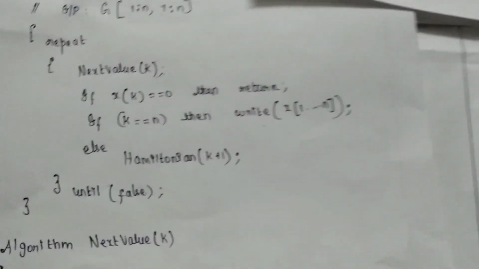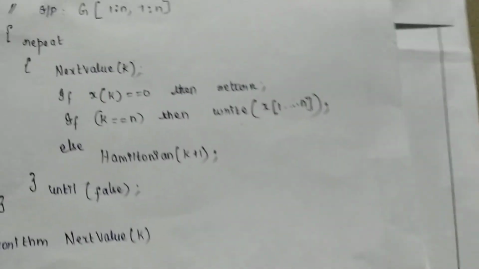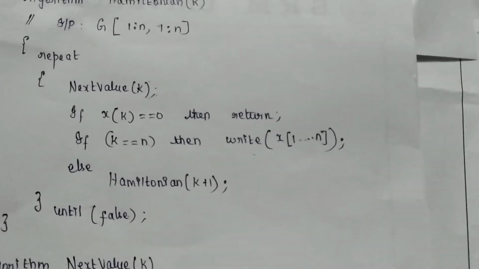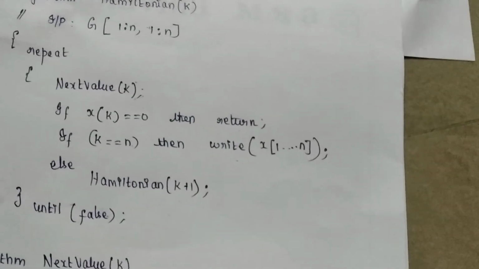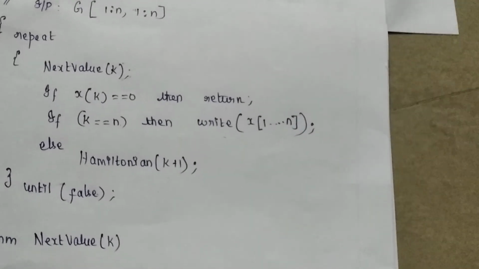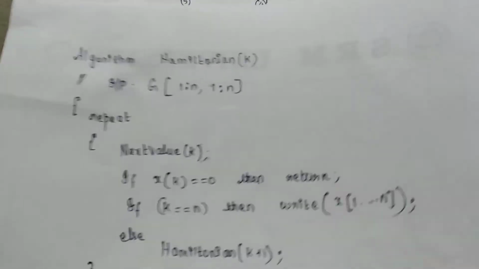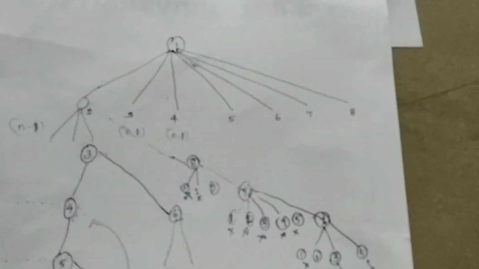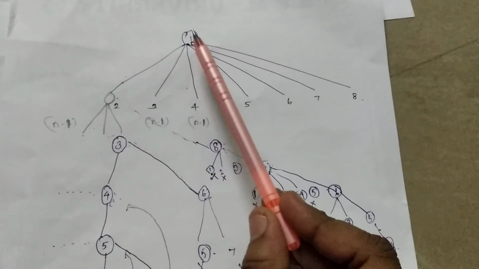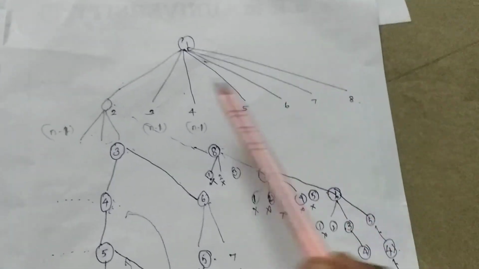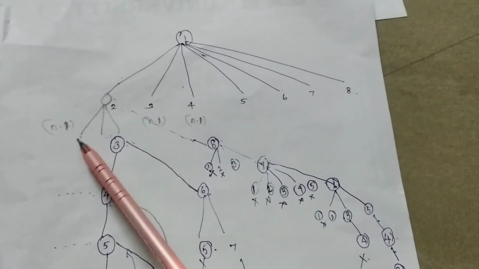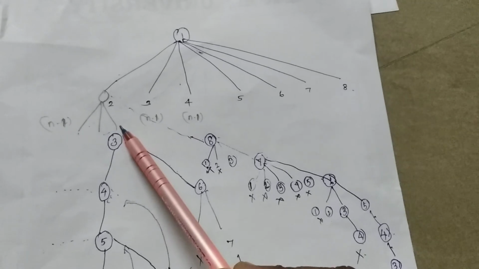So, what is the complexity of this algorithm? If you take this cycle, in the state space tree, from this vertex there are n minus 1 branches. From each of these again there are n minus 1 branches.